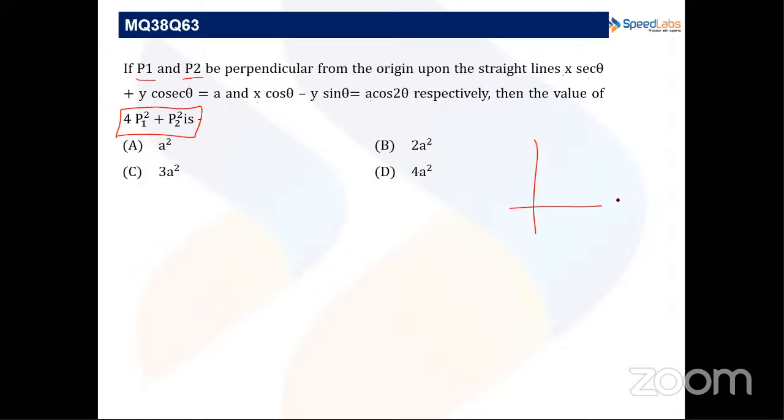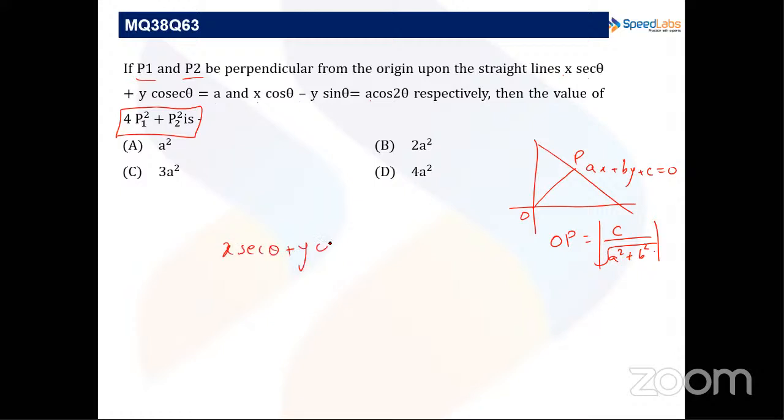If we are having a perpendicular from the origin to the line ax plus by plus c equals to 0, then this length OP we have already seen, it is c upon under the root a square plus b square. So for the first condition, x sec theta plus y cosec theta minus a equals to 0, we will be having p1 equals to a upon under the root sec square theta plus cosec square theta.